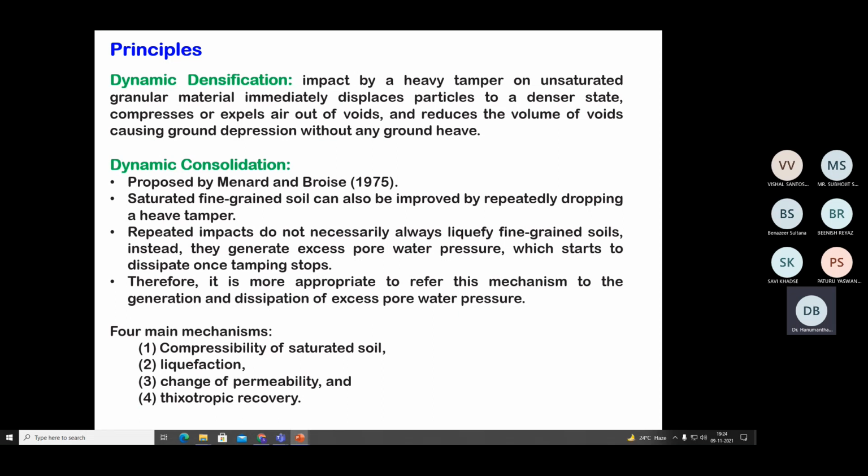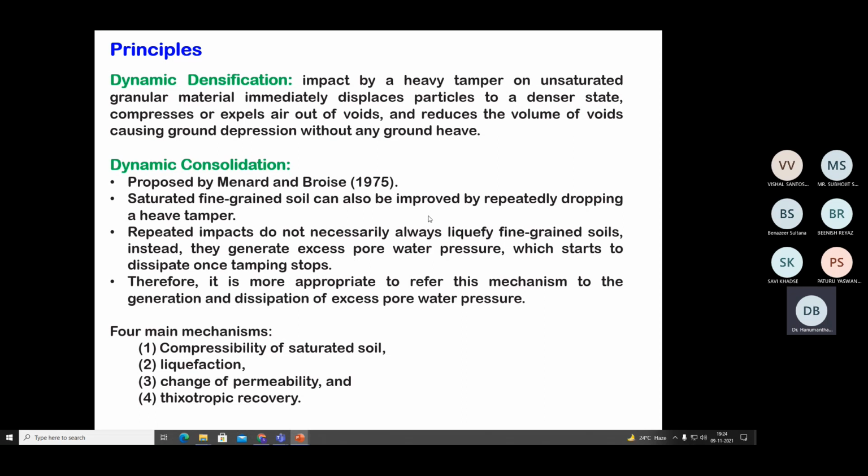Just imagine, I told this technique is valid for granular materials. But what if I apply the same energy on fine grained soil? Although not many people have attempted, a few of them have, like Menard and others.